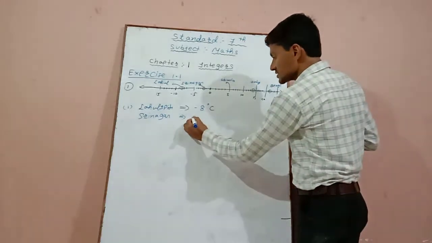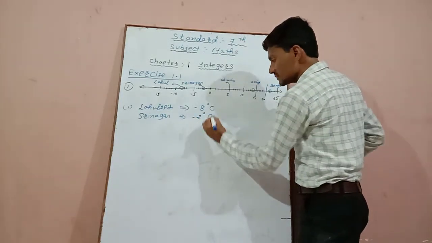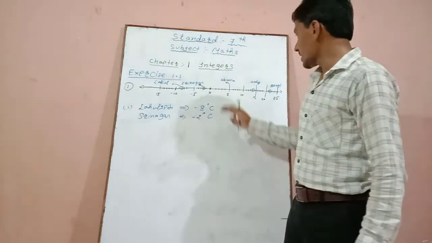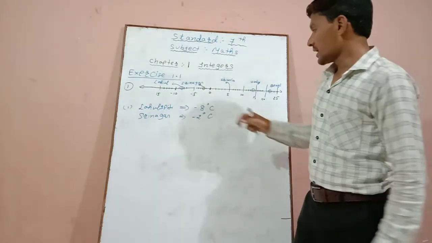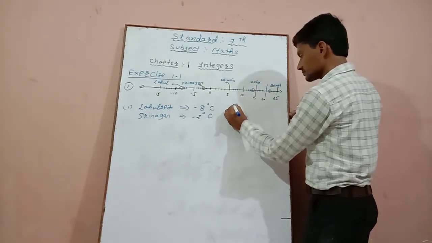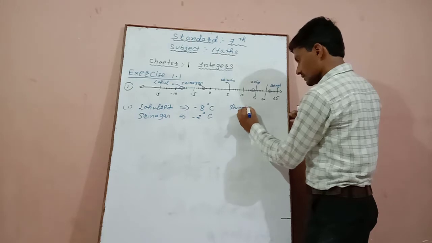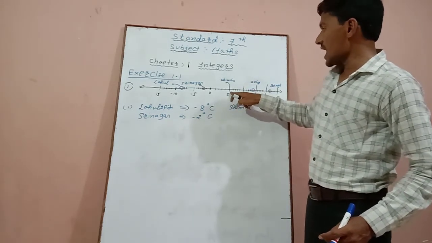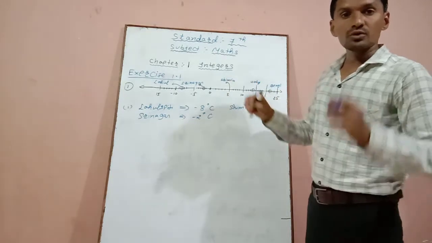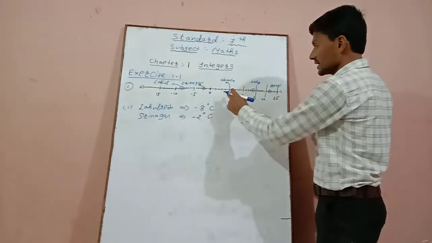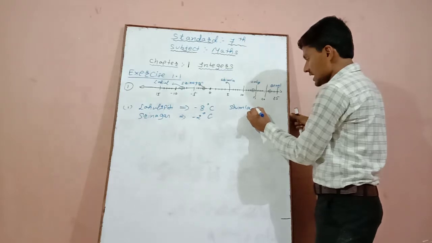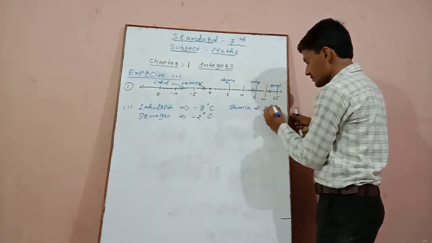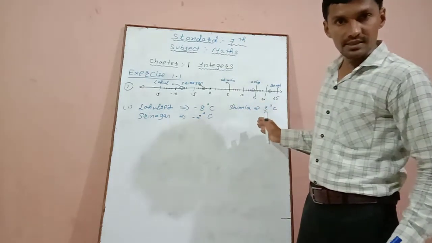So the answer is -2 degrees Celsius. Third one is Shimla. On the number line, 5 is Shimla, and it is a positive number. So Shimla's temperature is 5 degrees Celsius.